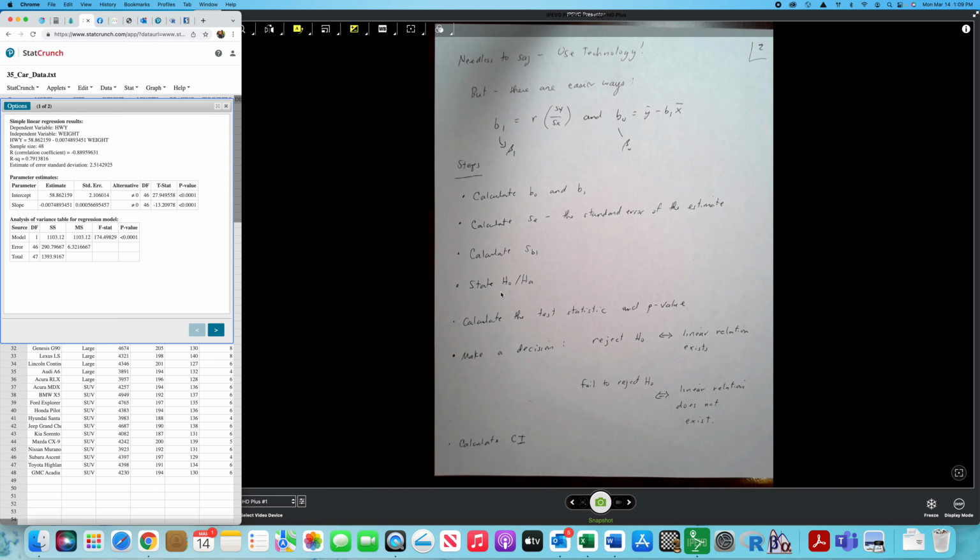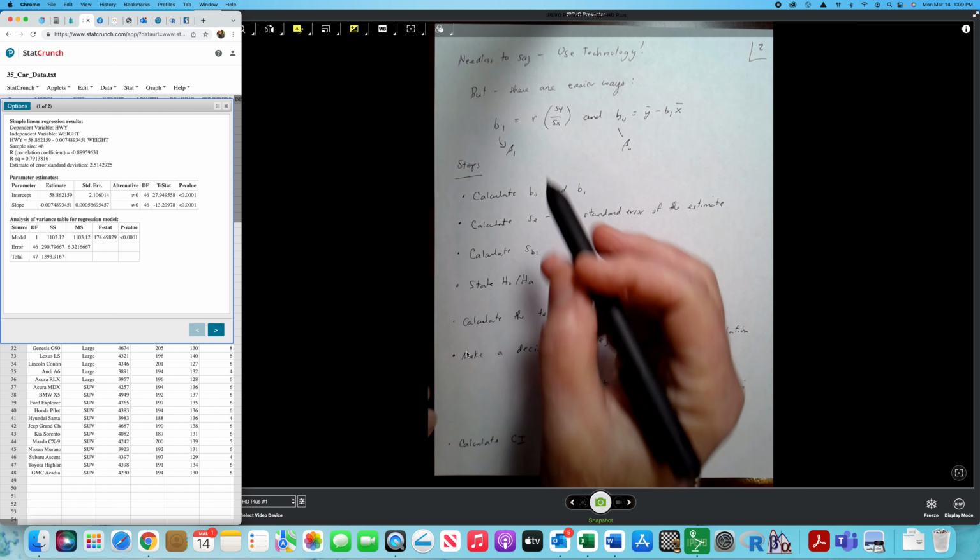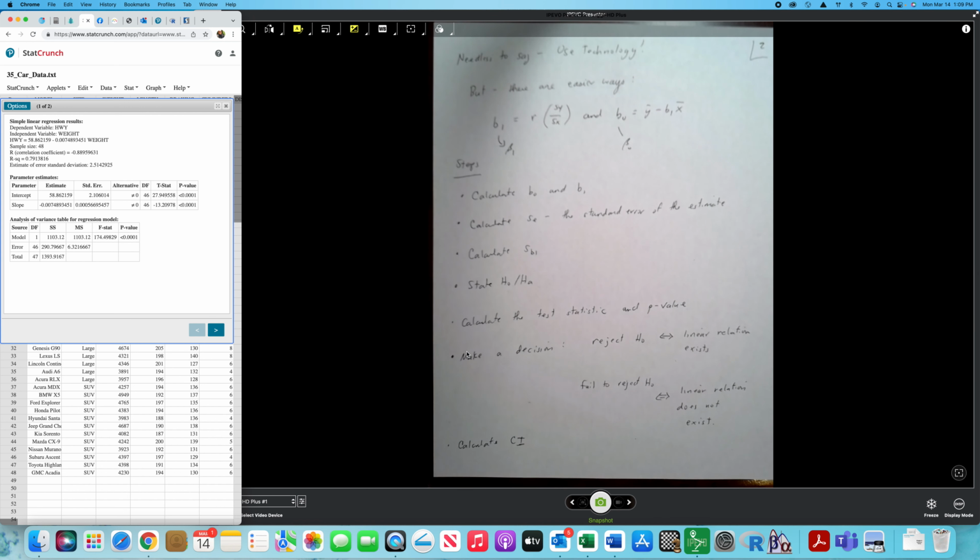We get our values. First of all, our estimates for B0 and B1. We get that in multiple places. We can get our B0 and our B1 here, or we can get the same estimates right here. As you would expect, our relationship is negative, so the correlation coefficient is going to be negative, because you would expect heavier cars to have lower highway miles per gallon.